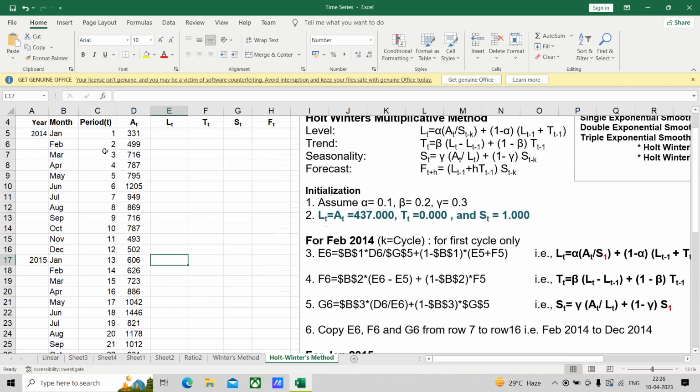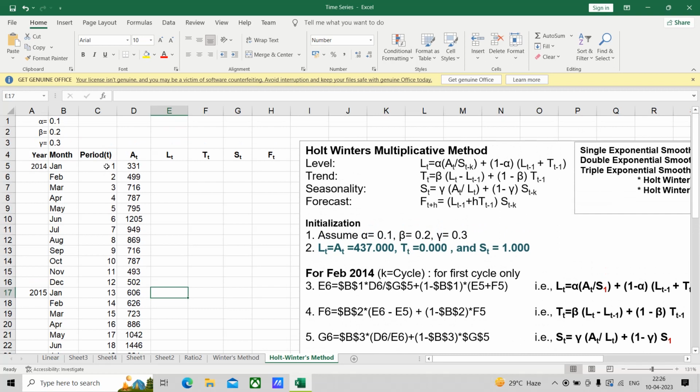So this third column shows the period, and in fourth column I have taken actual demand in that month. In January, denoted by period 1, the demand of some particular item is 331, and in other months the demand is shown in the fourth column.